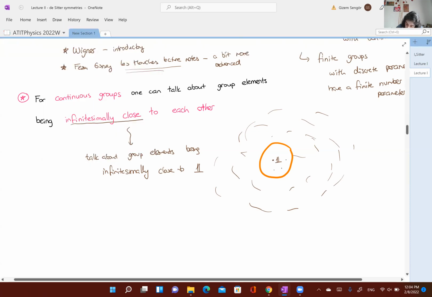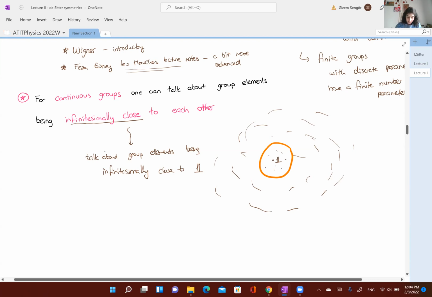In a sense, you start thinking about group elements as if they are coordinates, because they're so next to each other. So you can analyze the group's properties by analyzing whatever happens next to the identity.